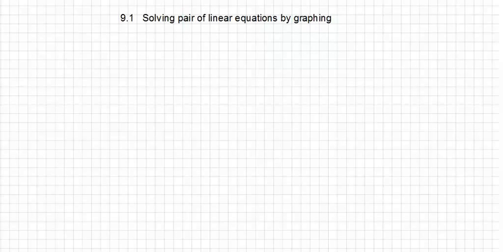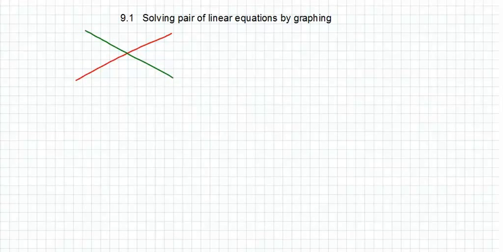There are 3 conditions for any two lines. They may intersect, so we say that we have intersecting lines.